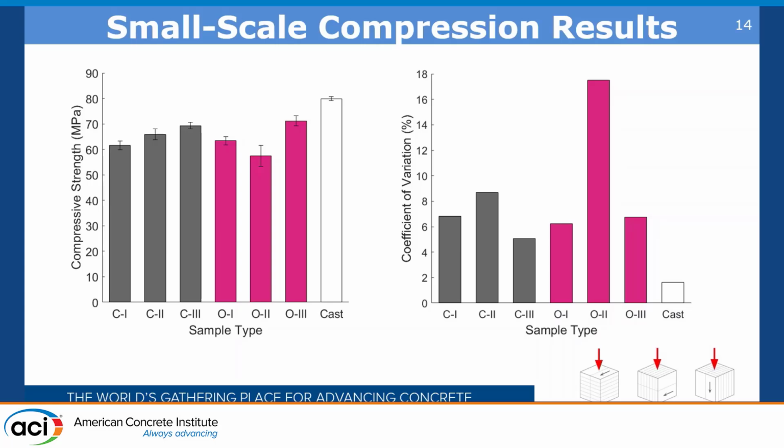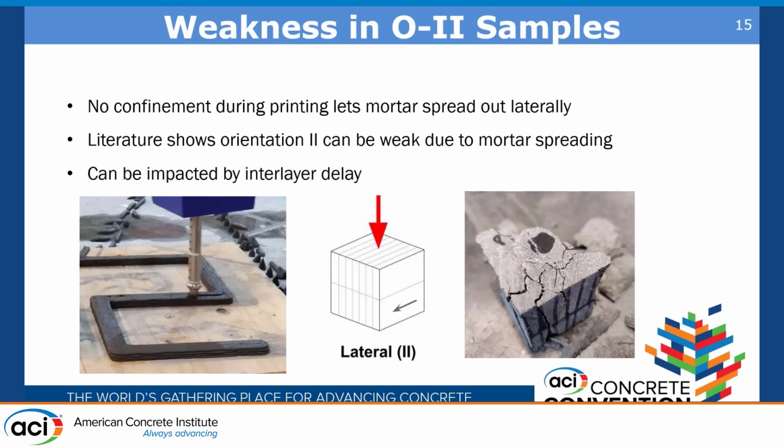From this, we can reasonably see that it is possible that the failure here, the high variation, and the lower strength are what may have caused our failure of the walls. Looking at the reason this may have occurred, as 3D printing doesn't require any additional formwork, the lack of confinement during printing can lead to the mortar spreading out laterally along this direction.